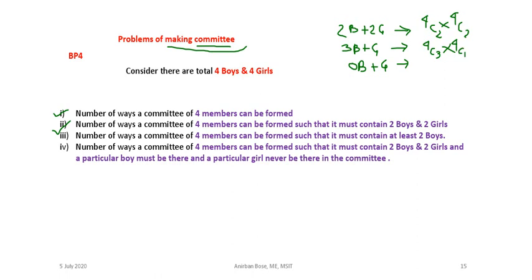For the third one, this is the only possibility, 4 boys and 0 girls. So 4 boys means 4C4 and 0 girls means 4C0.